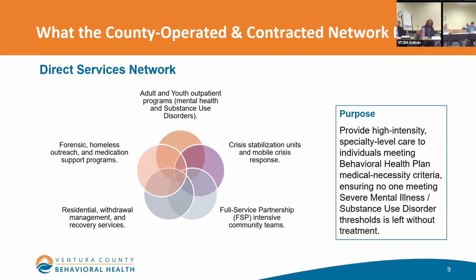Now this is what we're looking at in terms of being the direct service network and direct service provider. The core obviously is our operation division, our critical care navigation, our outpatient clinical operation, and our forensic justice and reentry. Those are the divisions that really focus on direct service operation.